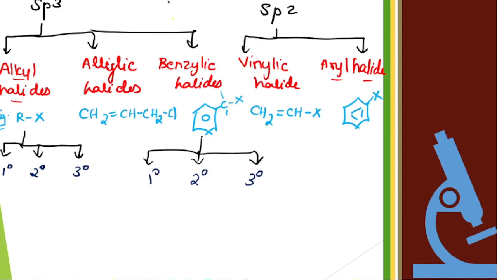So what is primary? Primary is nothing but, see, tertiary is only one carbon will be there and hydrogen four bonds are formed around the carbon is called as tertiary, and this is secondary.